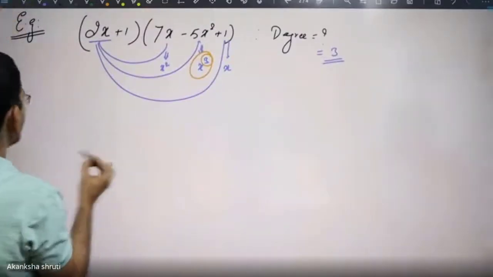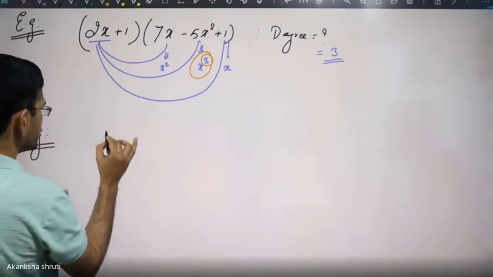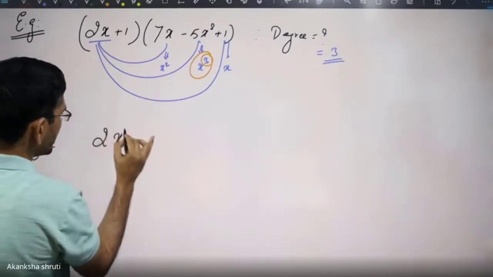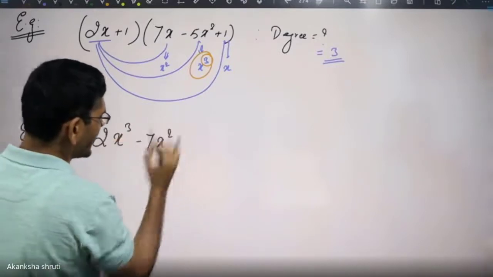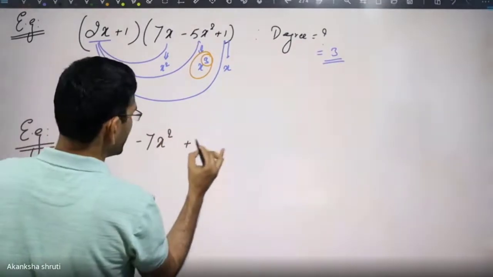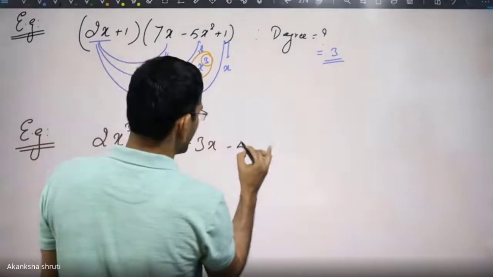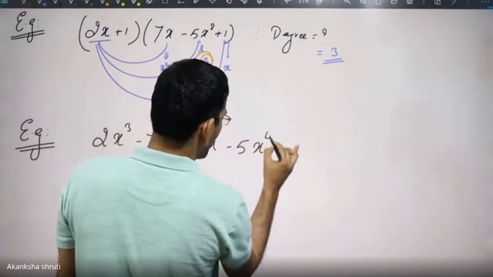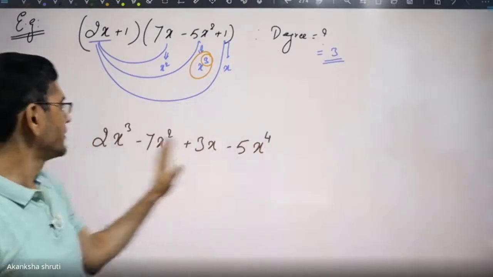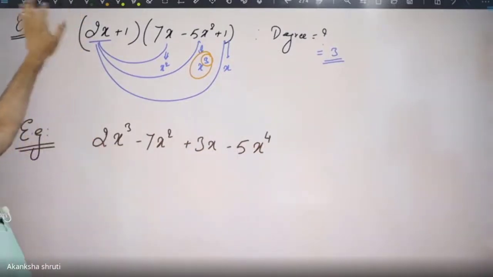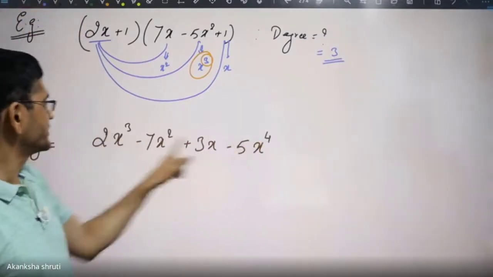Now, students, let me take another example. I am given, say, 2x cube minus 7x square plus 3x minus 5x to the power 4. Here the terms are in jumbled form, terms meaning the power of x, or the degree of the term.